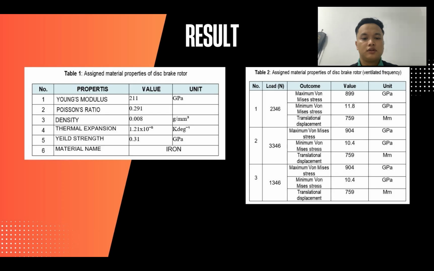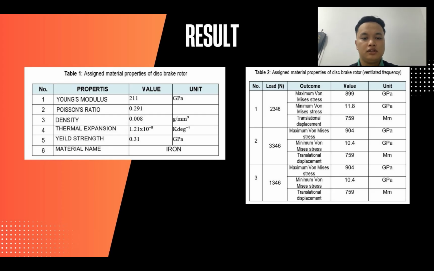Number 2, we are using 3346 Newton. The maximum von Mises stress for this load is 904 gigapascal. The minimum von Mises stress is 10.4 gigapascal, and the translational displacement is 759 millimeter.